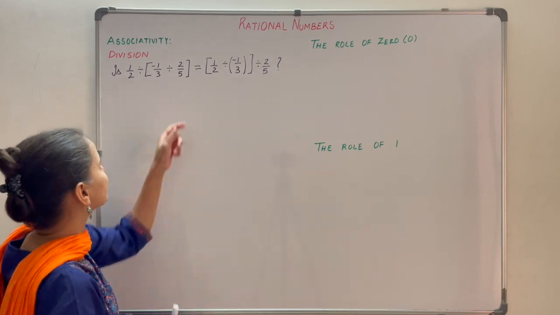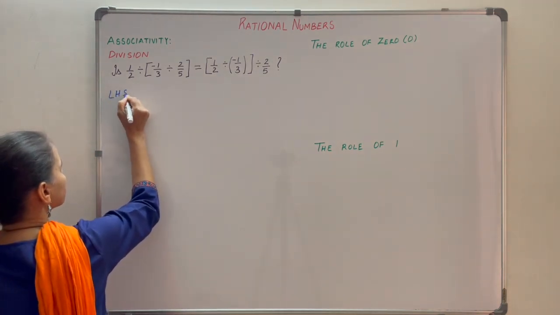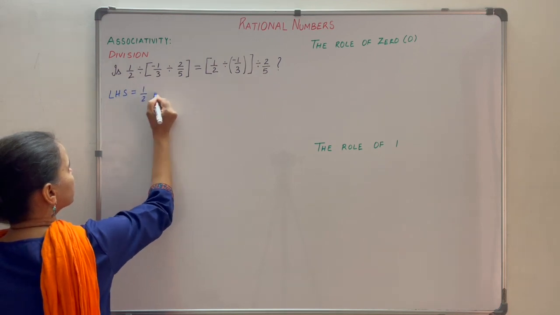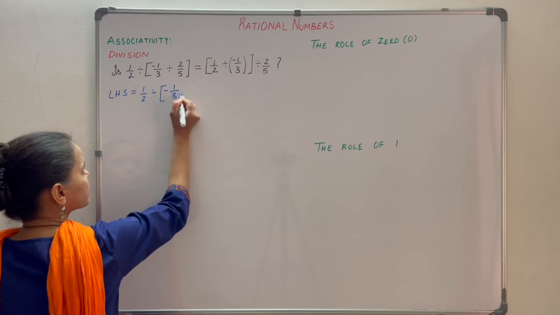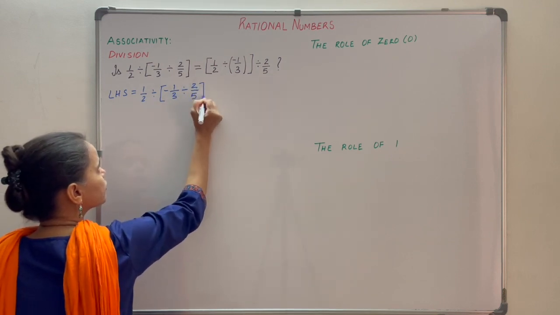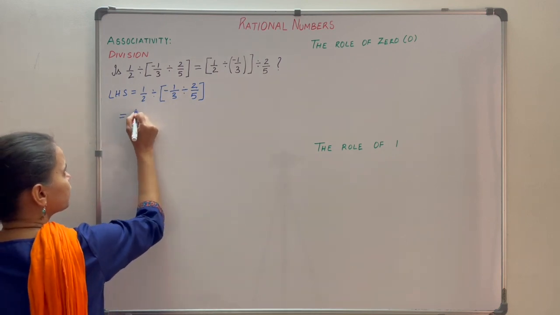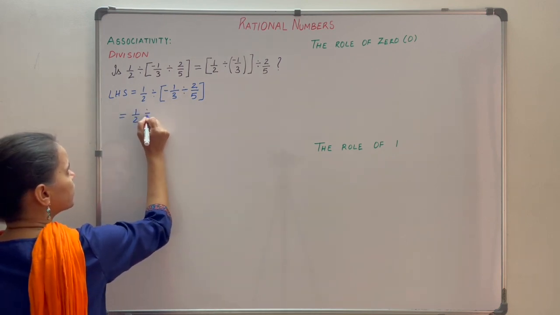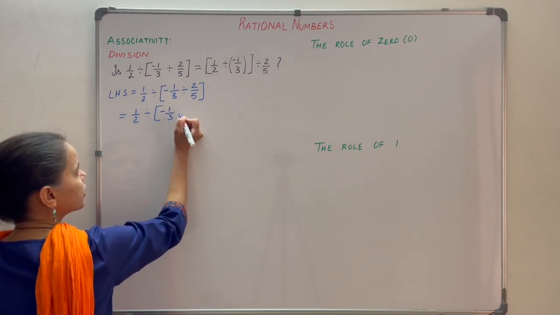So let us solve first left hand side. So on left hand side we have 1 by 2 divided by, this is a negative rational number, minus 1 by 3 divided by 2 by 5. So as per the BODMAS rule, first we need to solve the brackets. So we will write down 1 by 2 divided by, in brackets, minus 1 by 3.